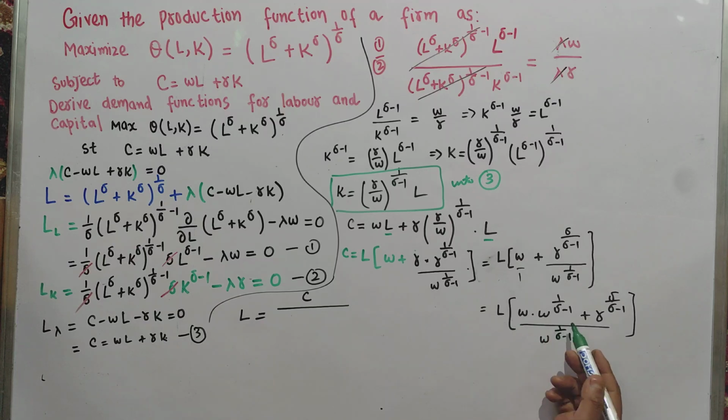So again, what will we get here? Okay, I am visible here. So we will get L. Again, this stuff will become W raised to the power delta divided by (delta minus 1) plus R raised to the power delta divided by (delta minus 1), divided by W raised to the power 1 divided by (delta minus 1).